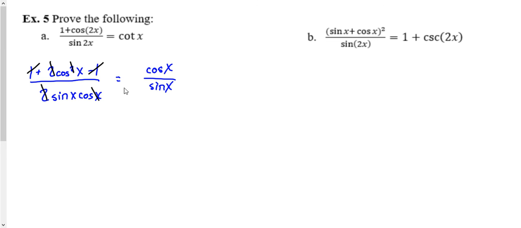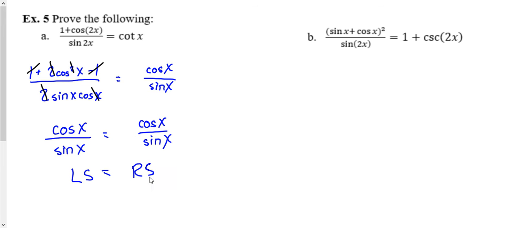That ultimately leaves me with cos x in my numerator, sine x in my denominator. And that does match up over here, so this is just cos x over sine x. So again, here, this proof is completed because our left side does equal our right side over here. This canceling step, by the way, you could have done in multiple steps, but I just noticed that things canceled out so nicely that I can do it in one step.